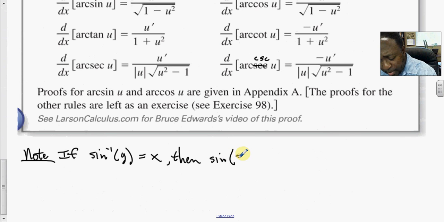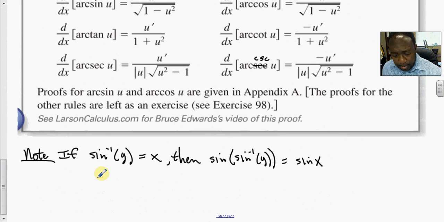Then sine of sine inverse of y is equal to sine x. Now sine of sine inverse of y is just y. So that is that y is equal to sine x. So we start with the first statement.